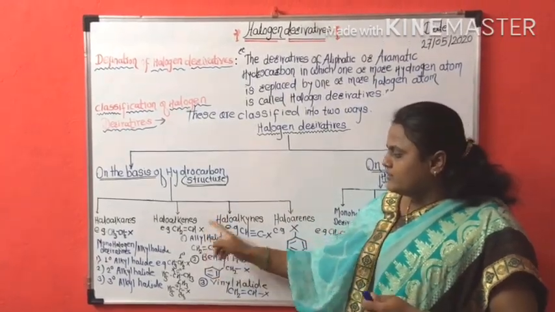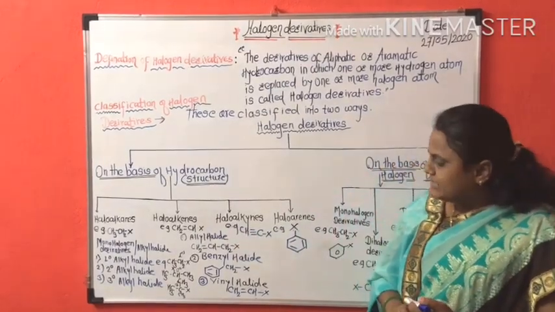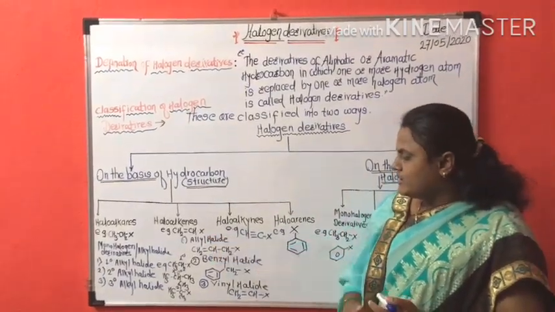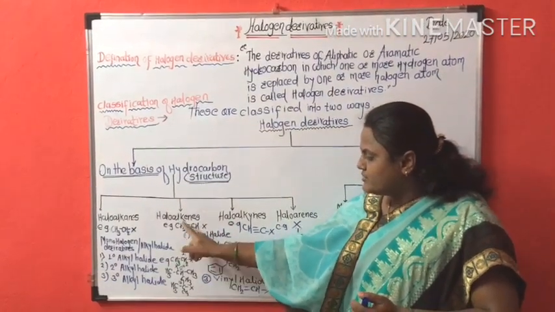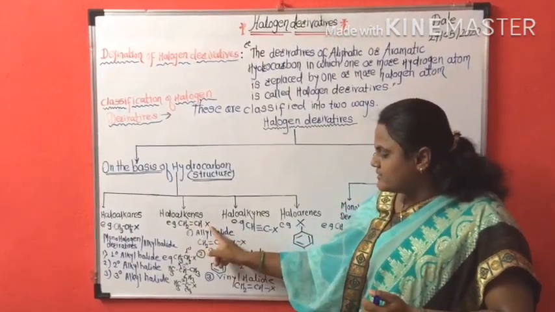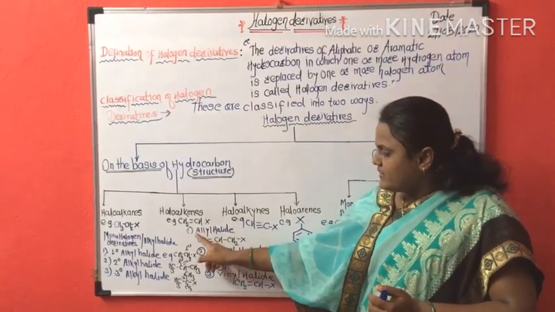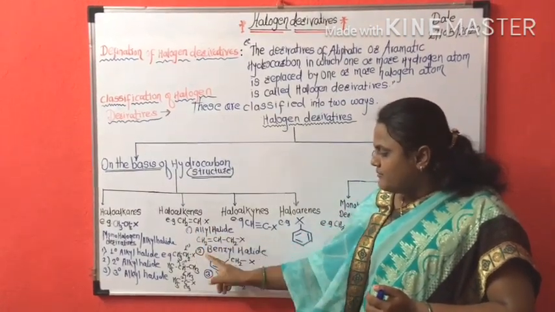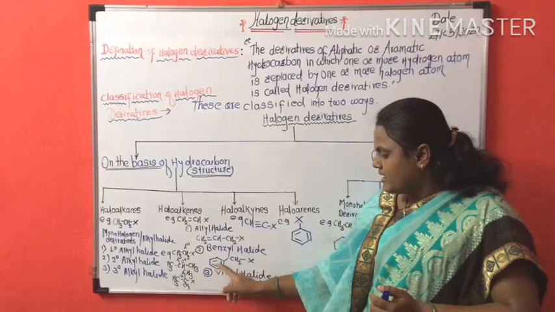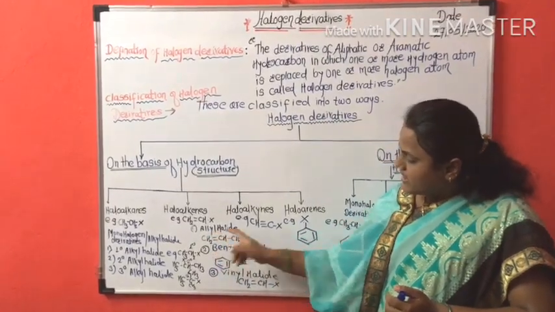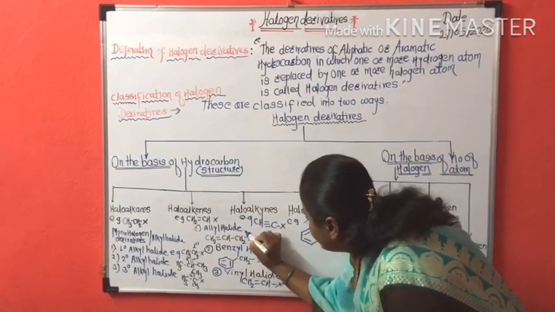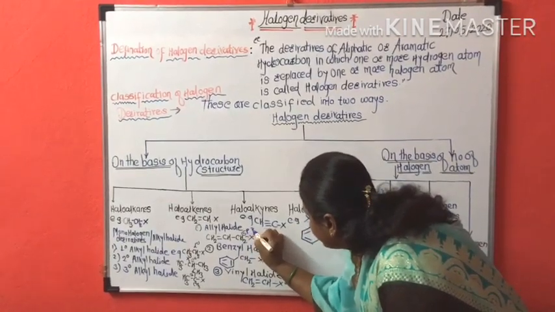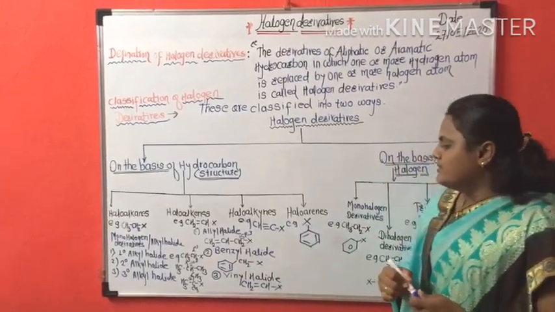Next one is the haloalkenes. The alkene in which one hydrogen atom is replaced by one halogen atom is called haloalkenes. For example, CH2=CHX. These are also classified into allyl halide, benzyl halide, and phenyl halide. In allyl halide, the halogen atom is attached to an sp3 hybridized carbon atom next to the carbon-carbon double bond.